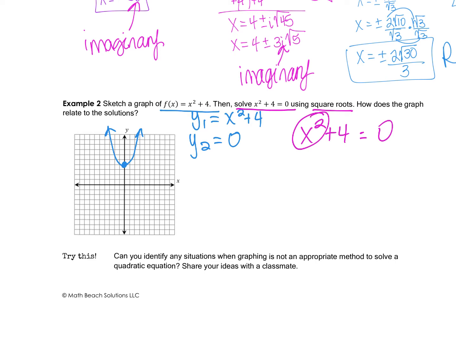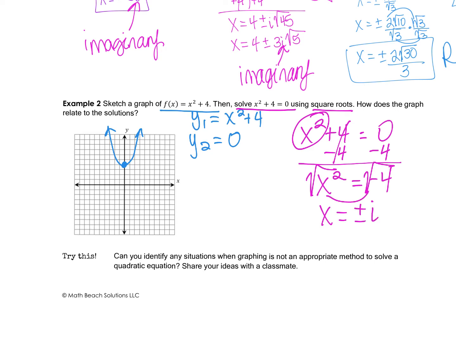We want to isolate the term that's squared, so I'm going to subtract 4. So then we have to take the square root. Remember when you take the square root of both sides, you get 2 answers. There's a negative under it, so it would be i and then square root of 4. Square root of 4 is a perfect square. Square root of 4 equals 2, so you would just get a 2i, positive and negative.